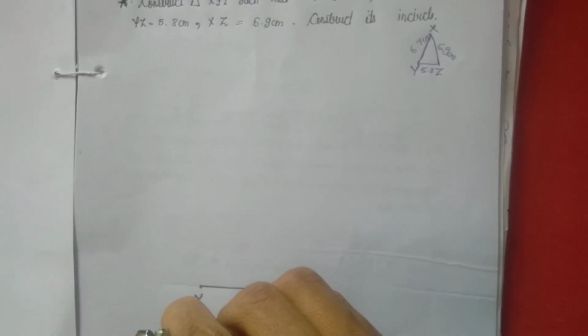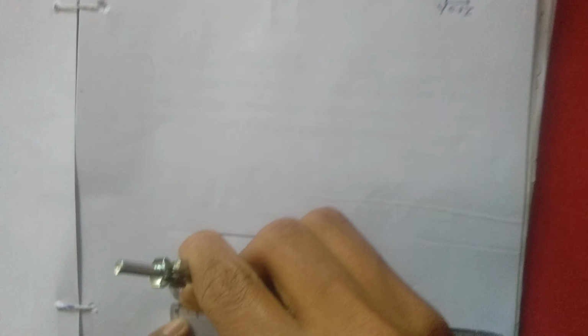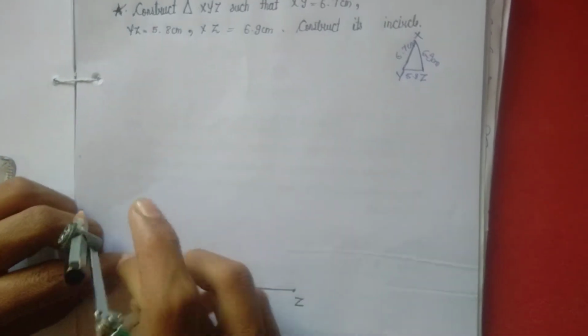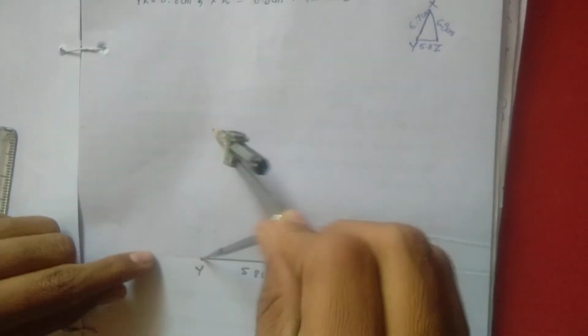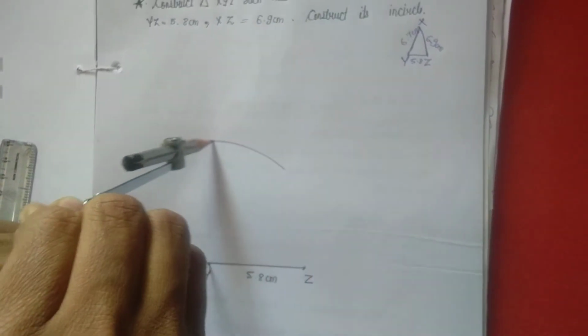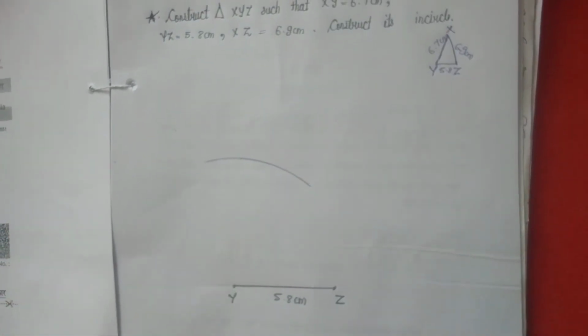Place it on Y and make a big arc. And here it is 6.9. Take 6.9.